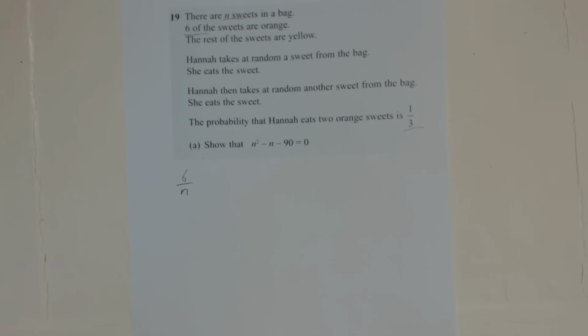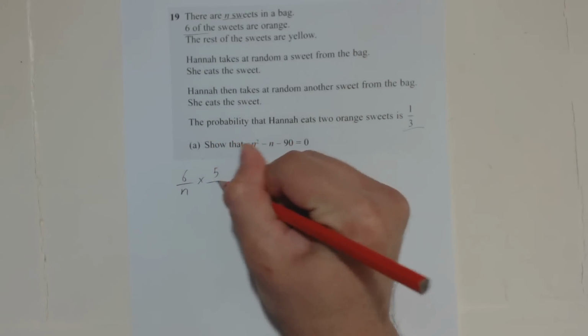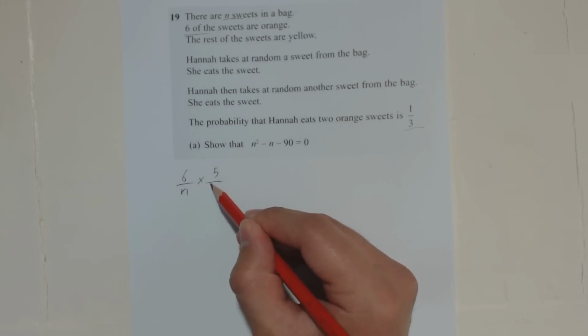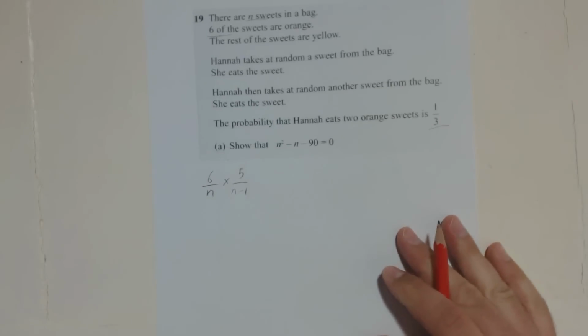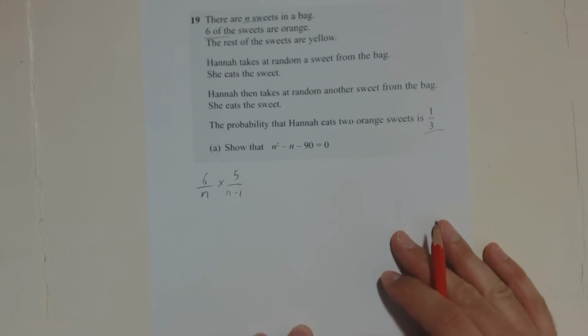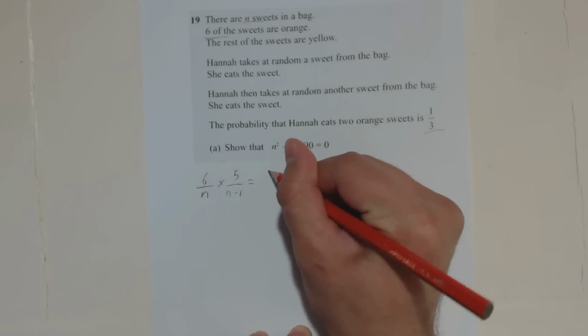Now the second time, if she's just taken an orange sweet, there's one less, so you're going to times it by 5 over, and there's one less sweet in the bag. There was n, so now there's n minus 1. Now that hopefully is common mathematical sense, and we know because the probability is a third that this is equal to a third.